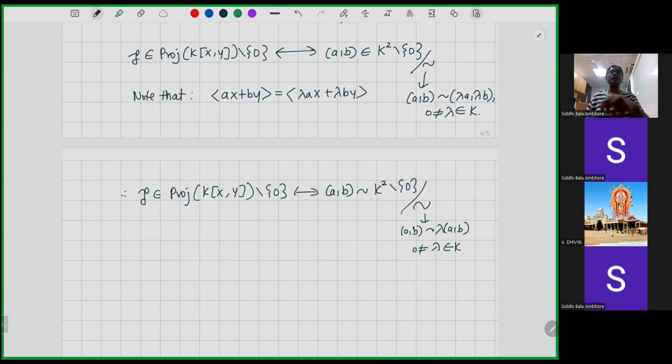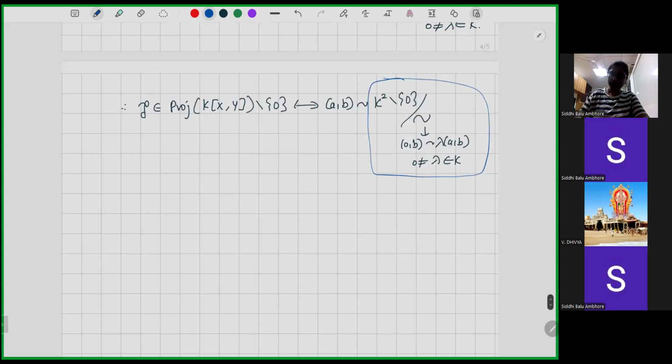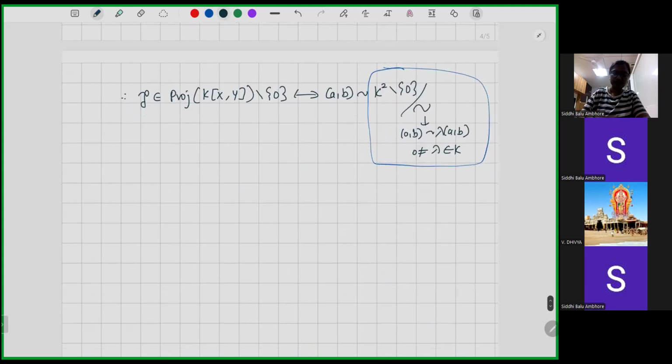If you look at this, it is P1. This is how the projective space is defined: k^2 minus 0 quotiented by the relation where (a, b) is related to (lambda a, lambda b), lambda non-zero in k.